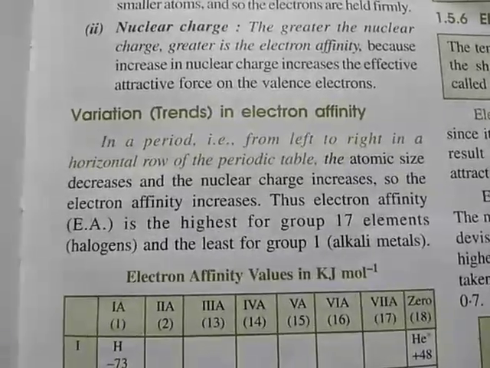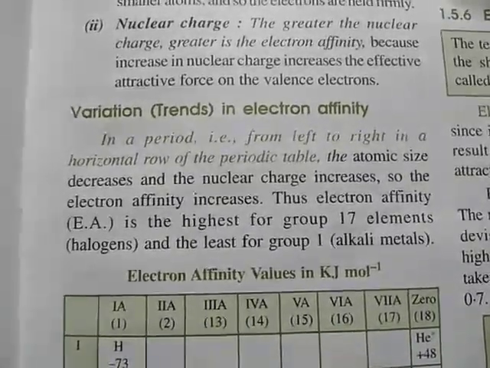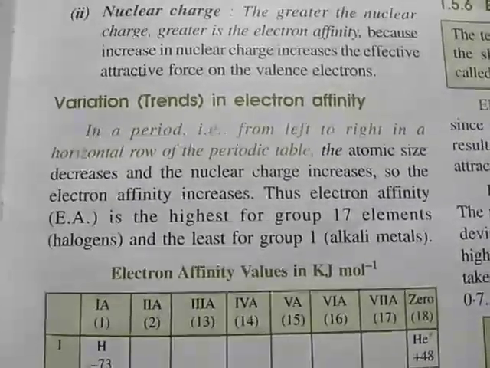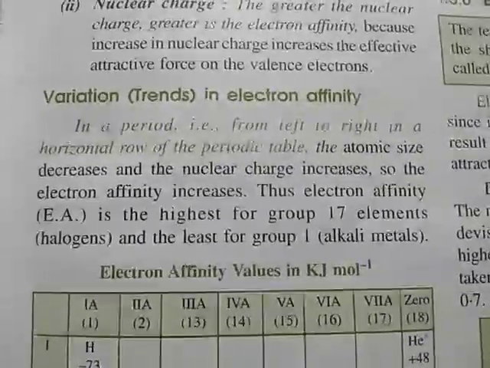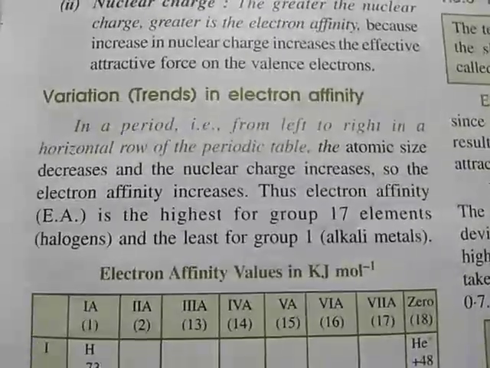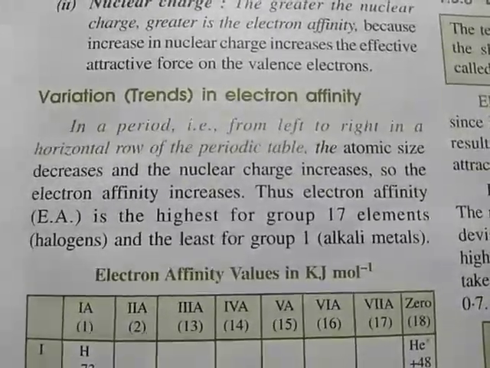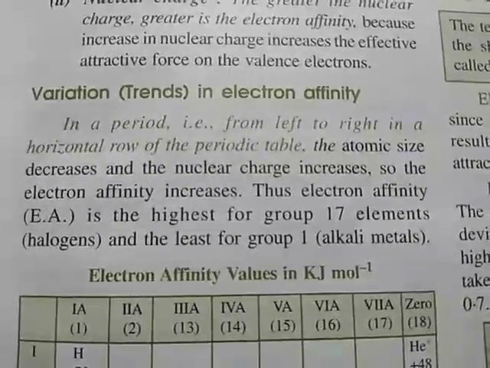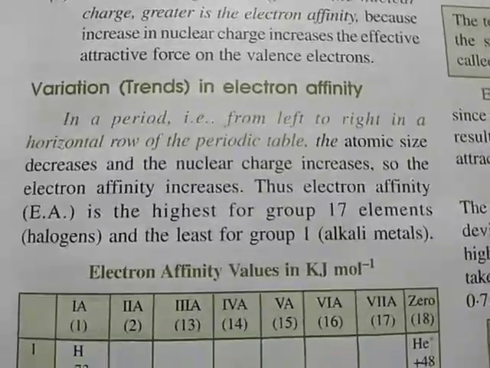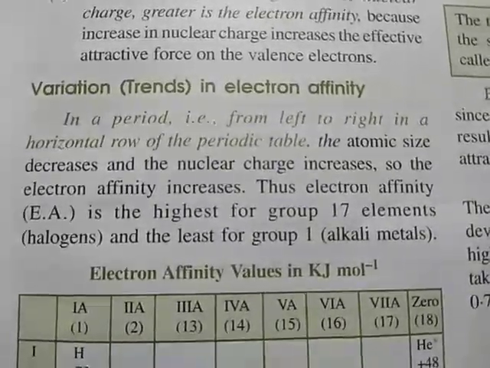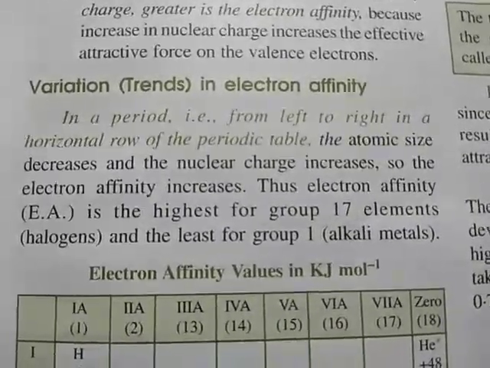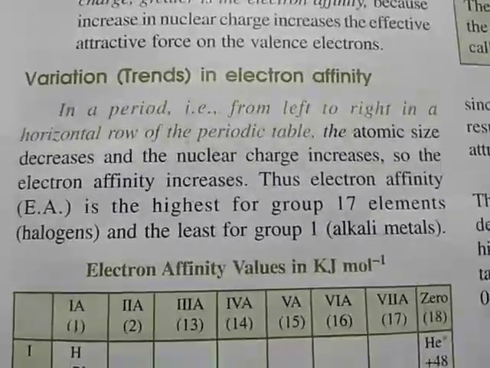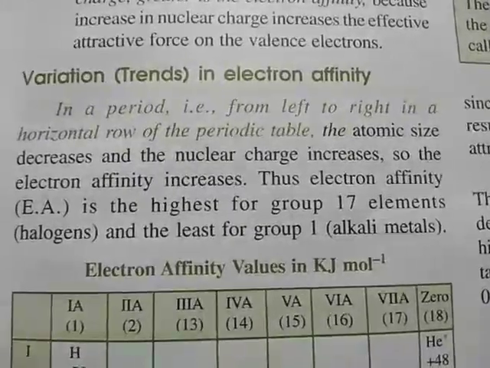So along a period when we move from left to right, the non-metallic character increases, and we know the non-metals want to gain the electron. If I take the example of period three, sodium will have less electron gain enthalpy. So sodium will be less happy to gain the electron, whereas chlorine will be more happy to gain the electron.